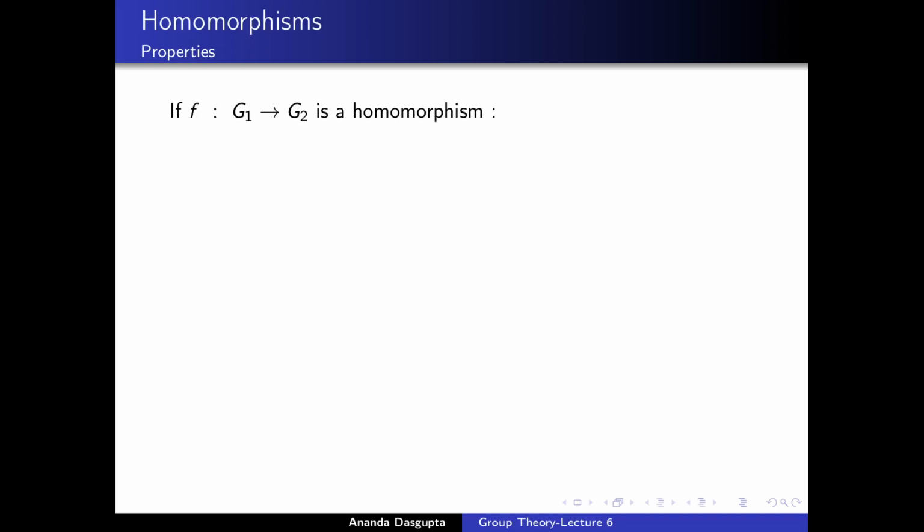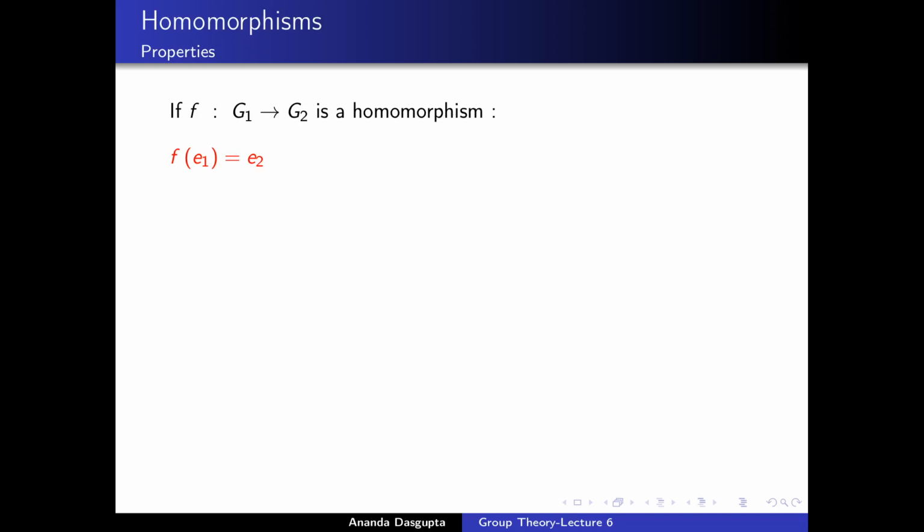And when I say f is a homomorphism from G1 to G2, well, if such is the case, then one very important property immediately follows, which is if you apply f, the map, on e1, which is the identity in the group G1, the result is the identity in the group G2.